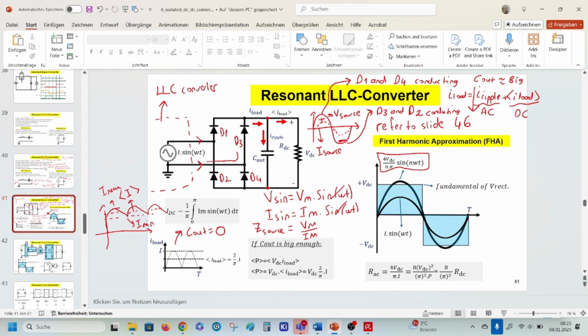What I mean, this is not correct if we have a big capacitance at the output.